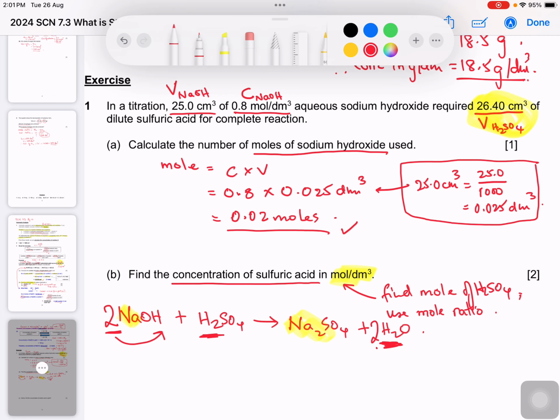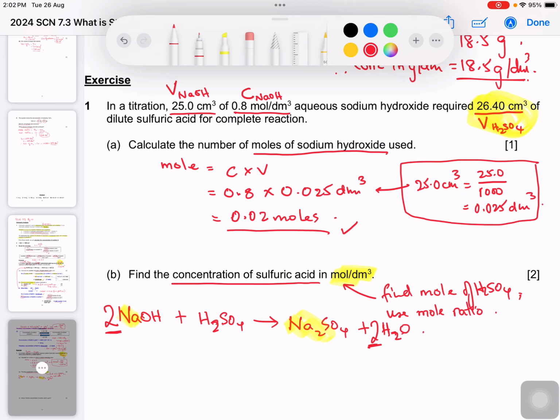Yes, we need to put the number 2. Now let's check again. 2 Na, 2 Na, done. Oxygen: 2 oxygen on the left plus 4 oxygen, that's 6, so oxygen is correct. Hydrogen is 4 on the left and 4 on the right, so correct. Now it's balanced.